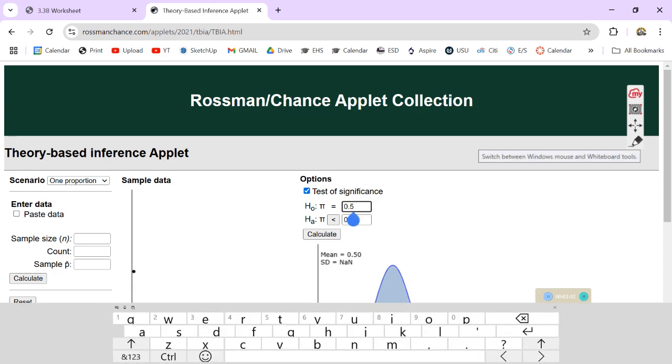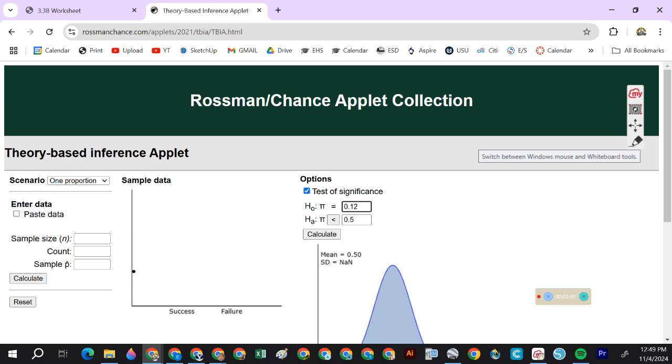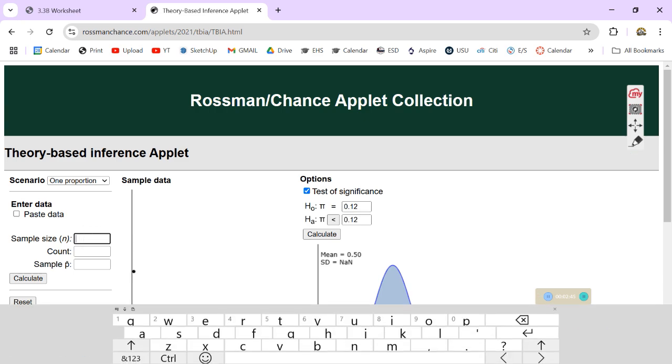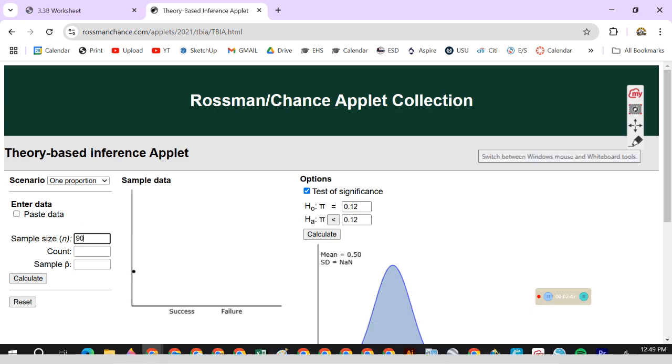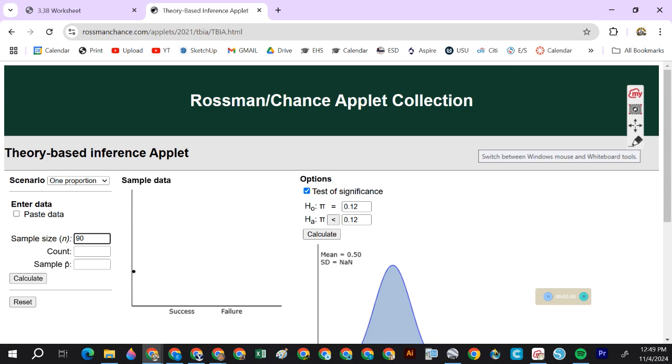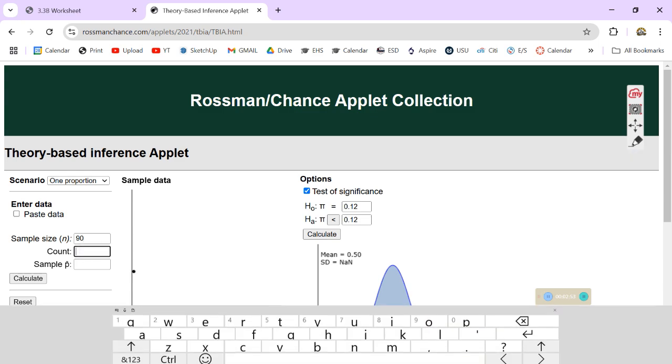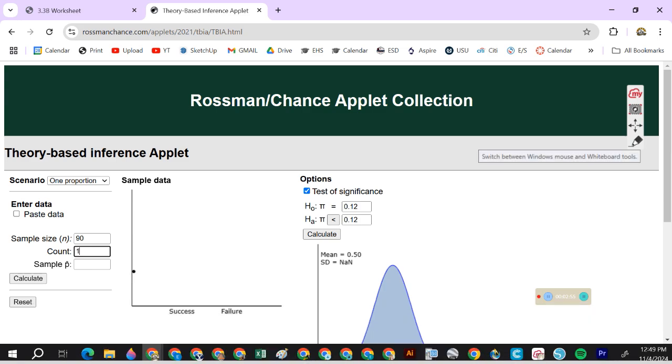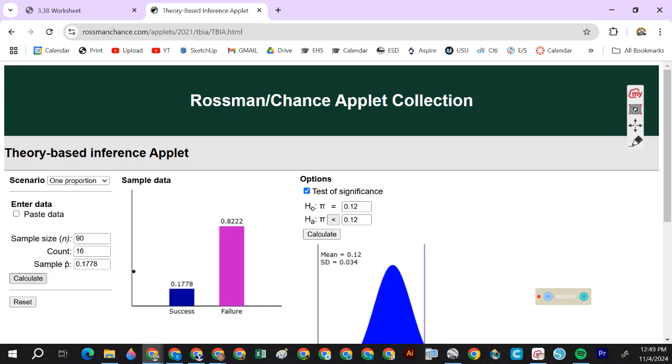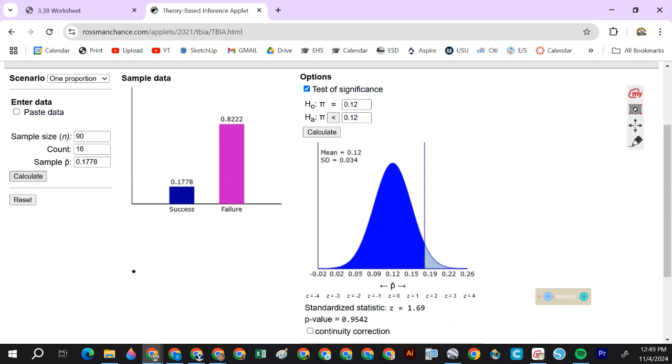So my pi is 0.12. And my sample size is 90. And then you can either enter the count or you can enter the proportion. So what's our count? 16. Okay, and we want to calculate, but I need to change this equal to.